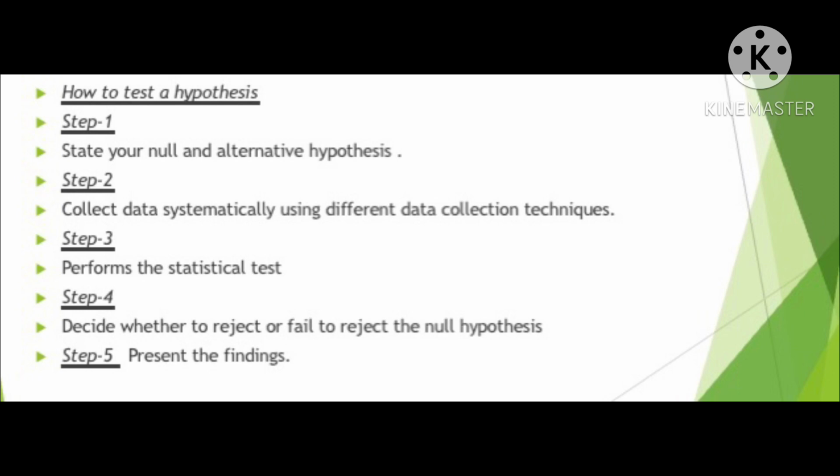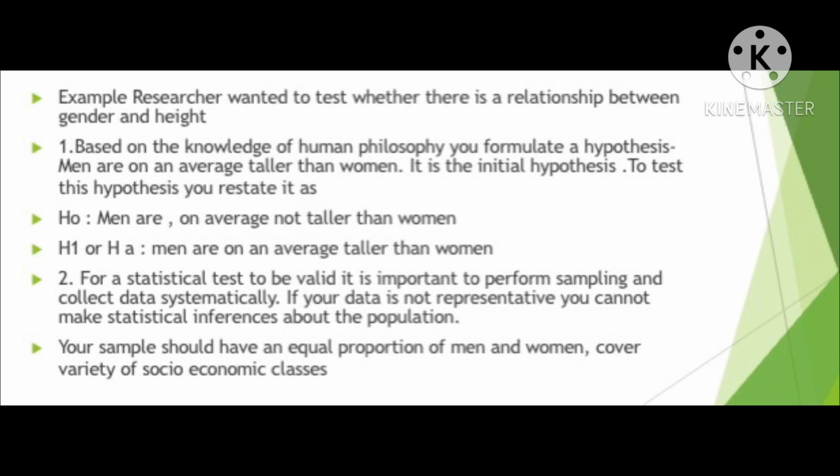In the next slide, let us see with an example how we test a hypothesis. For example, the researcher wanted to test whether there is any relationship between gender and height. Based on the knowledge of human physiology, a researcher can formulate the hypothesis that men are on an average taller than women. It is the initial hypothesis.